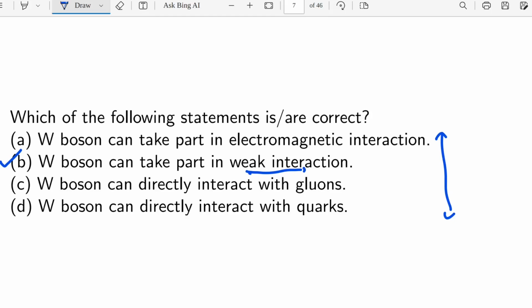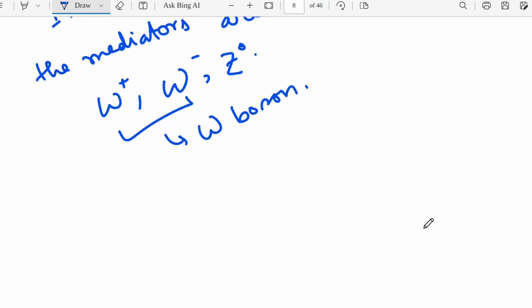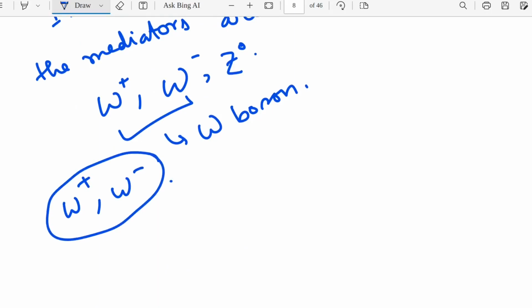I am talking about the D option first. W boson can directly interact with quarks. W boson means W plus, W minus. As it is plus and minus in charge, it will interact only with particles which are charged under Q. Let's say our U is going to D. Now you can see that U is plus 2 by 3 E and D is minus 1 by 3 E. How can 2 by 3 E go to minus 1 by 3?